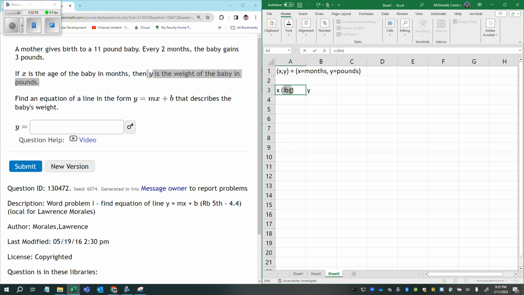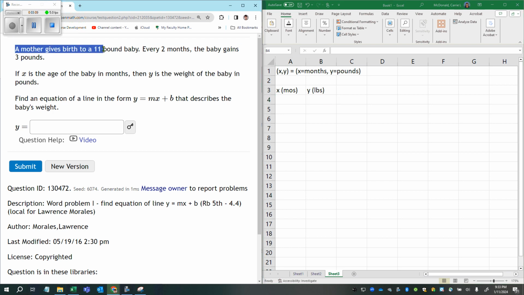This should be months. We'll say mos, months. And this one is pounds, lbs, right? So as we're reading and we come across given values, we should organize them. So we have an 11-pound baby. Let's put the 11 there in the Y column.